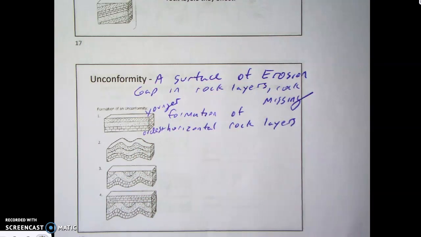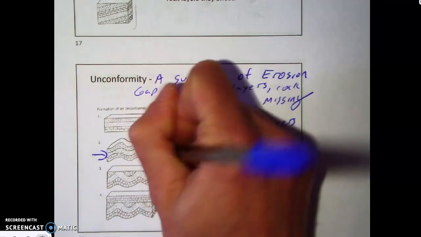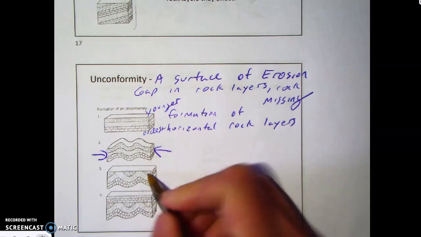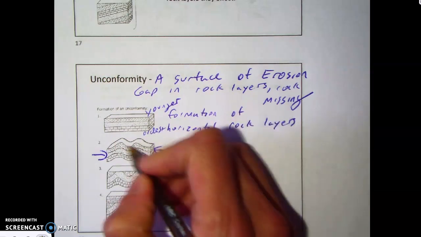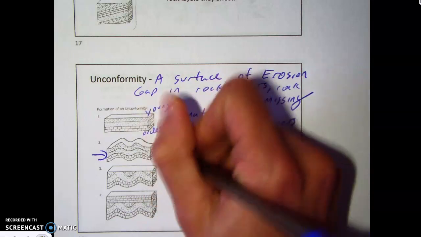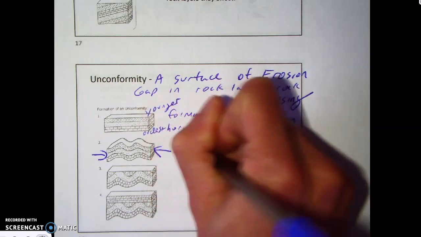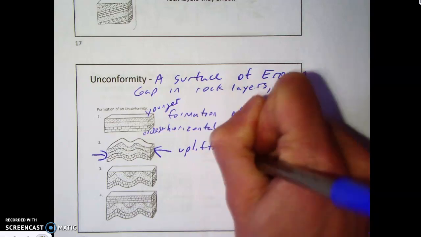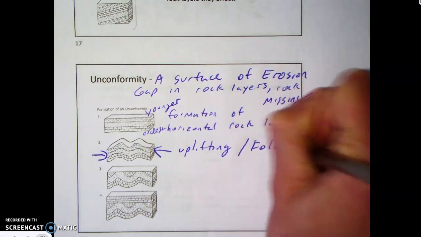Then maybe we have some tectonic forces. Maybe we have convergence, creating folding. And with that folding, we get uplifting because now we have mountains being formed. So we have uplifting, and at the same time, folding happening.